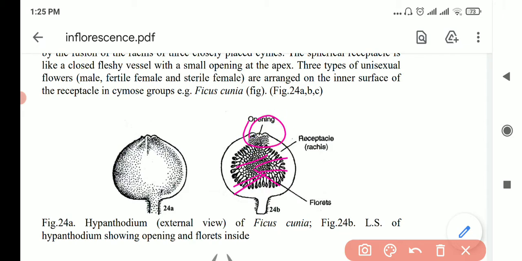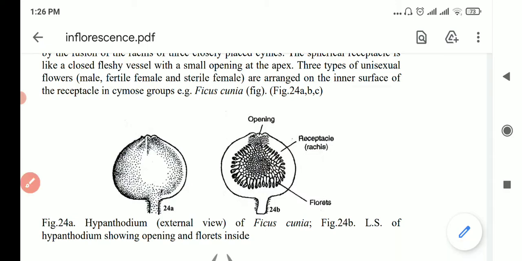A wasp, like a bee but more deadly, enters inside and pollinates, and has the nectar and all, and it will create the figs, the Ficus. So you can see the florets, then the opening, and the receptacle.